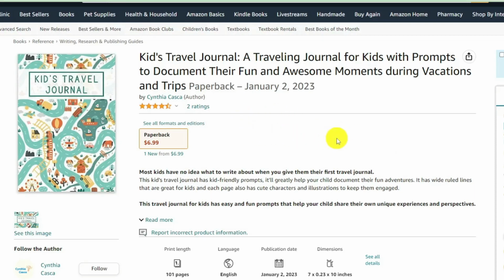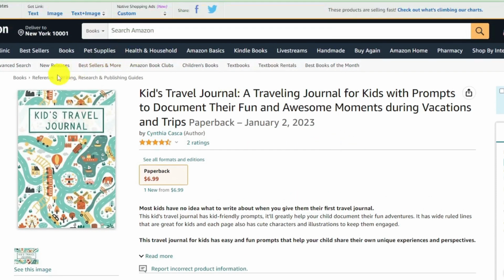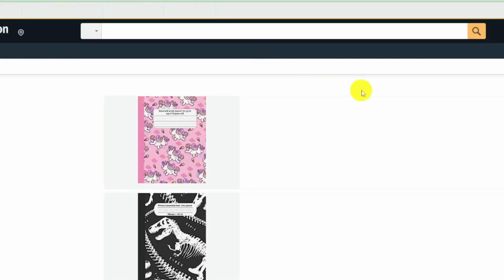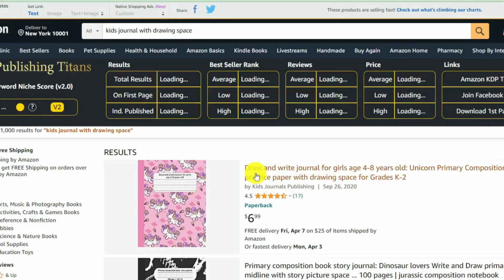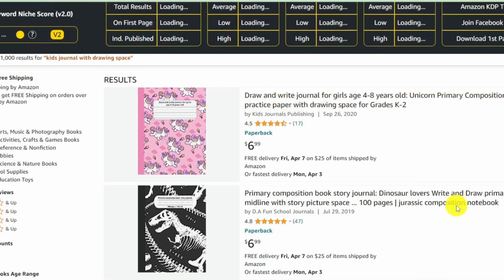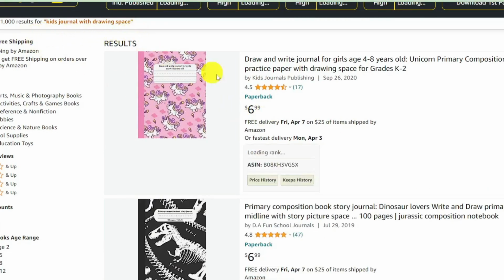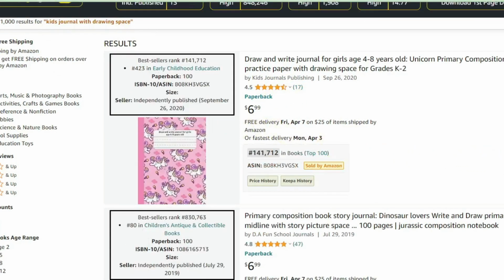Now, if you remember in the last video, when we came up with the keyword Kids Journal with Drawing Space, we actually did note that draw and write kids journal seemed to be a more challenging keyword. Draw and write journal, a more well used keyword, so therefore more competition, and perhaps something that is typed into Amazon more frequently than kids journal with drawing space, even though we did validate that was also typed in, otherwise we wouldn't have picked it.